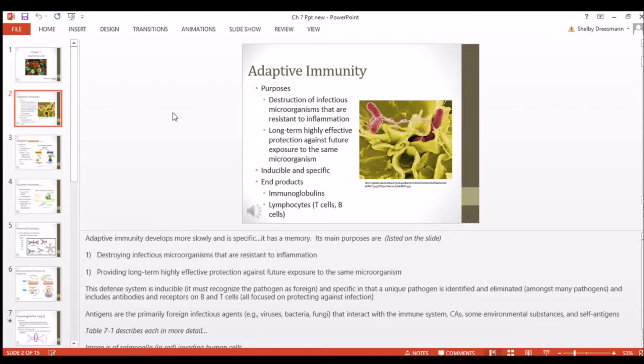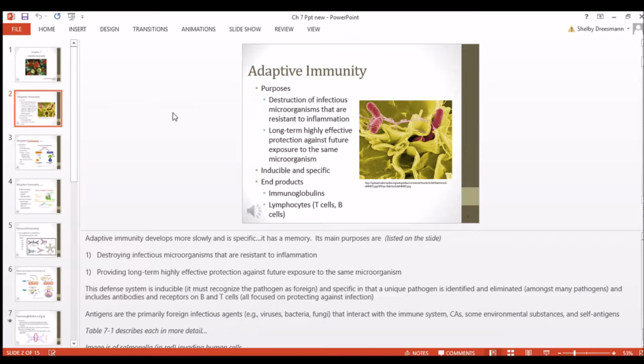However, after the first primary interaction with a specific organism, it will memorize it and hold a memory, so it will quickly attack it if there's a secondary interaction.